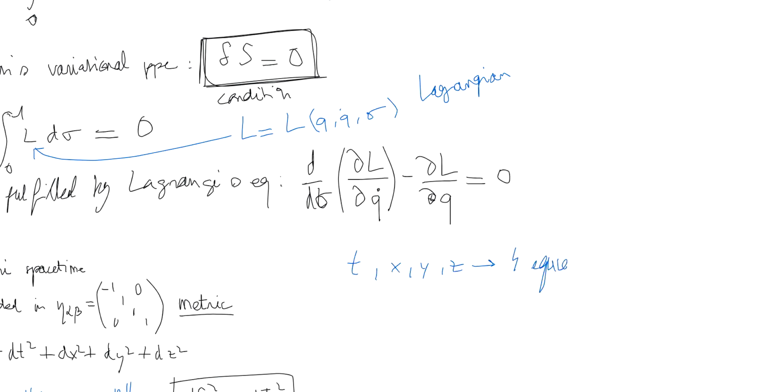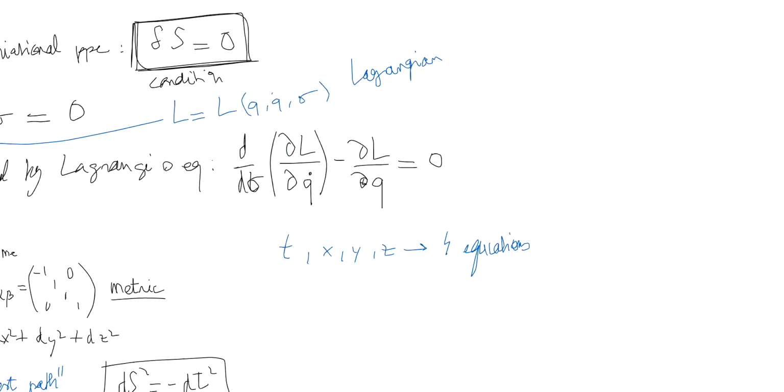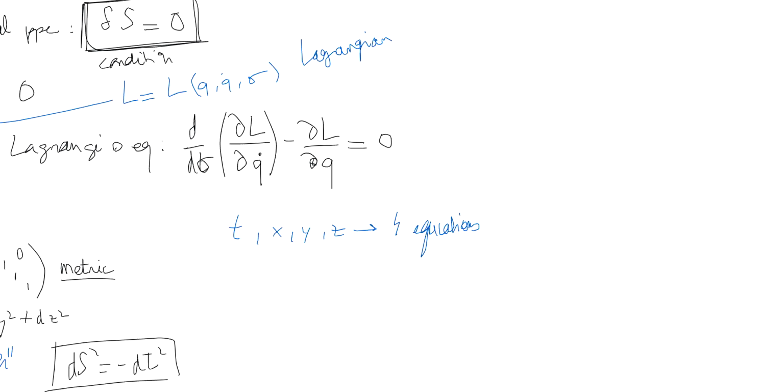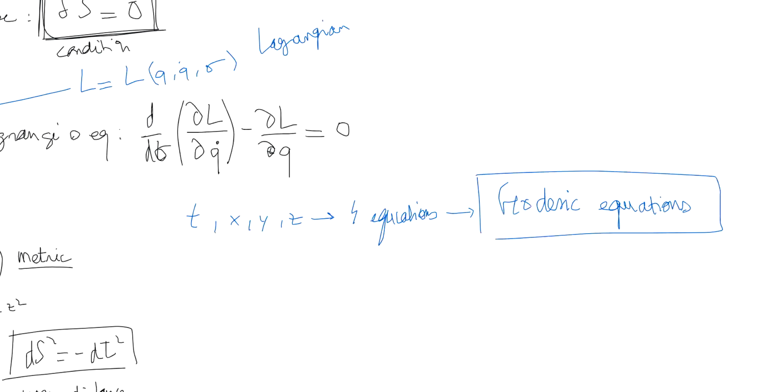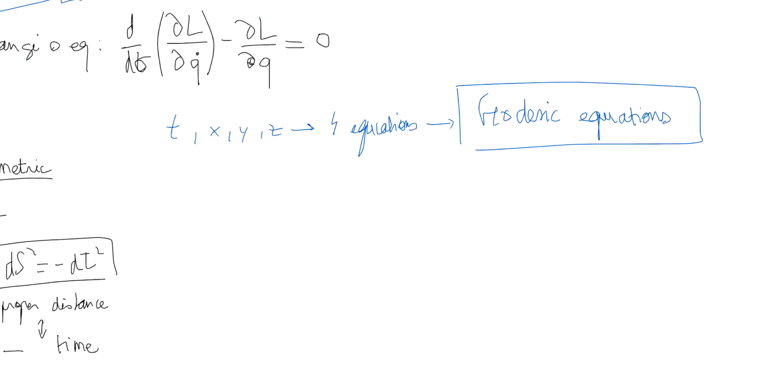And if you work out a bit of algebra from these 4 equations, you obtain the geodesic equations, which you can write as d squared x mu over ds squared plus Christoffel symbol mu alpha beta, dx alpha over ds, dx beta over ds, equals 0.